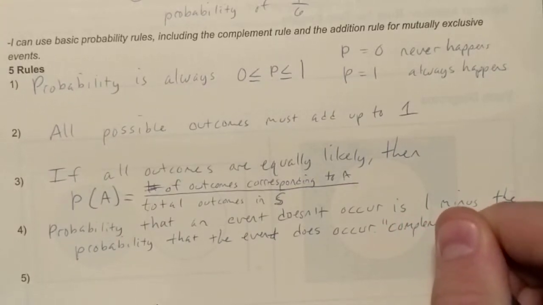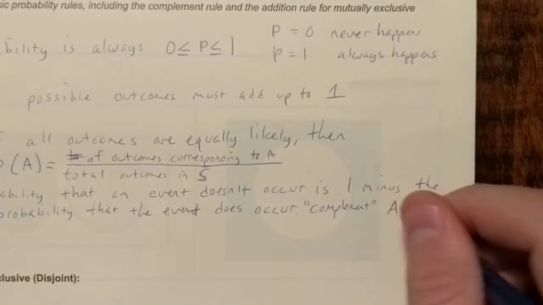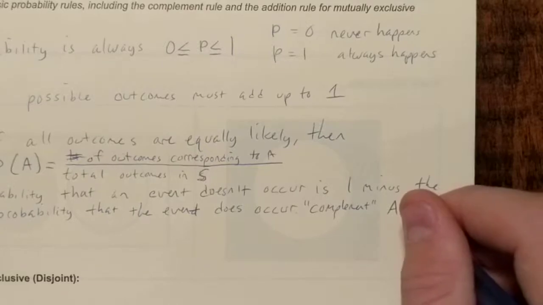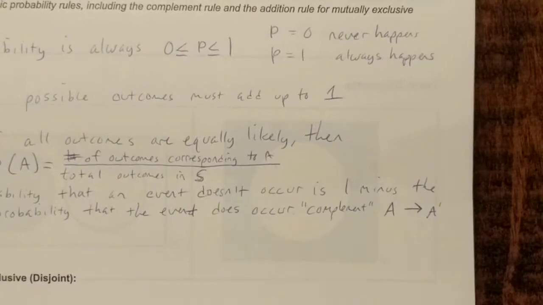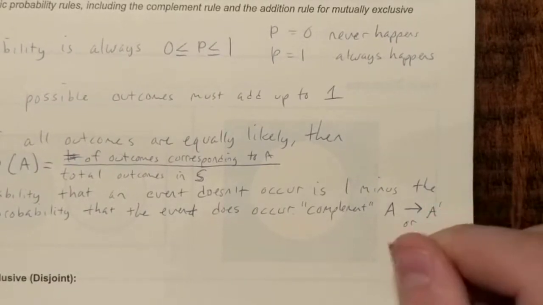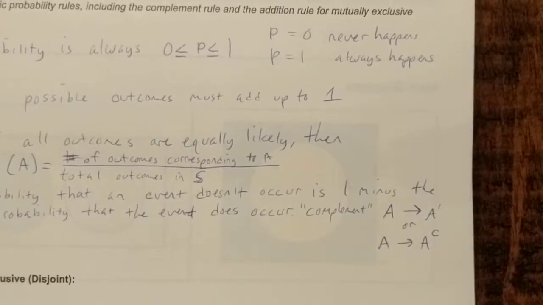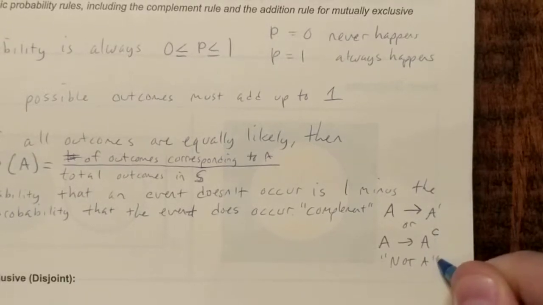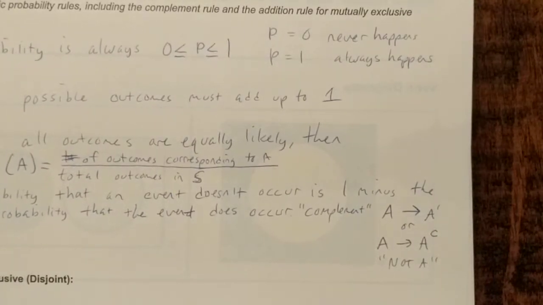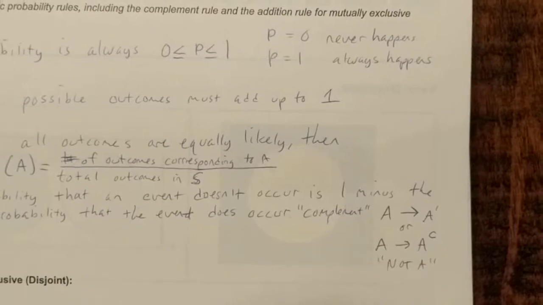And there's two different notations you can use for this. So if event A is written as just capital A, the complement of A can be written as A with an apostrophe or A prime, also known as. Or you can write it with A and then a C for complement. This means not A. So if A is flipping a heads, then not A is flipping a tails, because that's the only other thing in the sample space for flipping a coin.